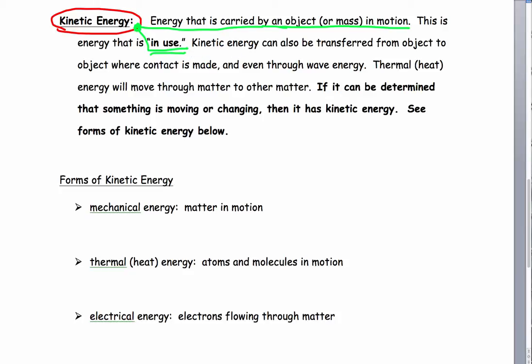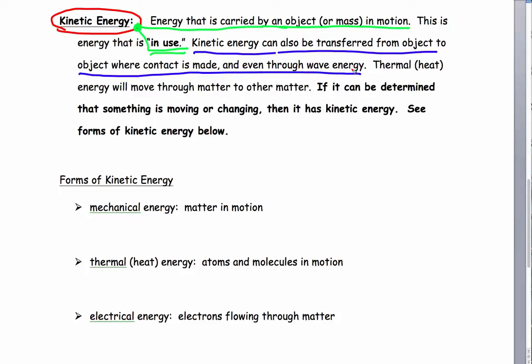So get your blue colored pencil because there's a pretty important idea here. Kinetic energy can also be transferred from object to object where contact is made, and sometimes even through wave energy.